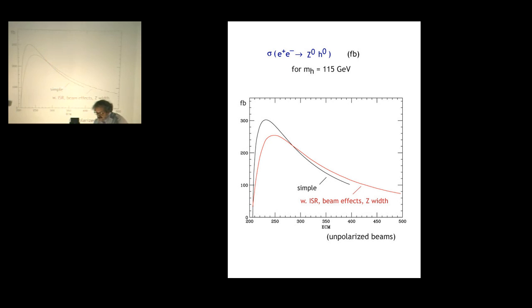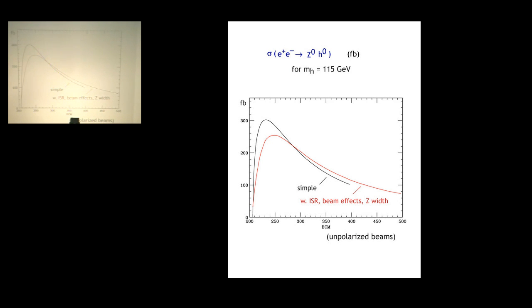The simple cross-section, and then with beam effect, Z-width, etc., ISR. Clearly, there's an advantage in working near threshold, but that advantage, frankly, isn't so great if you look at the numbers, especially if the luminosity of the collider naturally increases proportional to the center of mass energy.